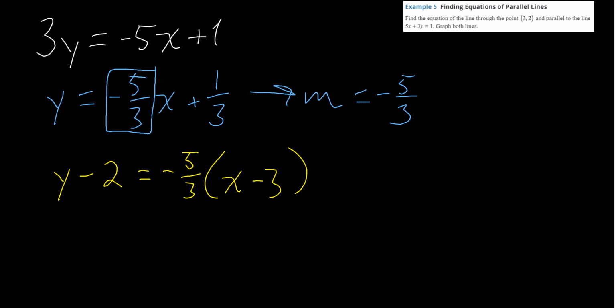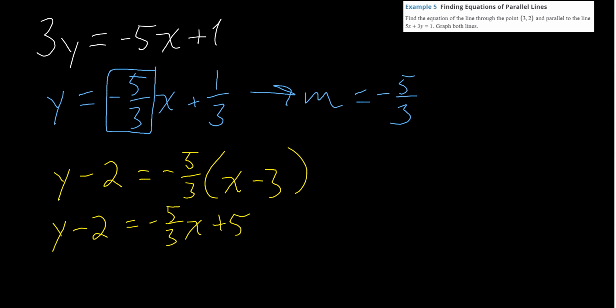And then we can clean this up, so we've got y minus 2 is equal to negative 5/3 x, and then negative 5/3 times negative 3 is a positive 15/3, or a positive 5, so plus 5. And it looks like we're going to add 2 to both sides.